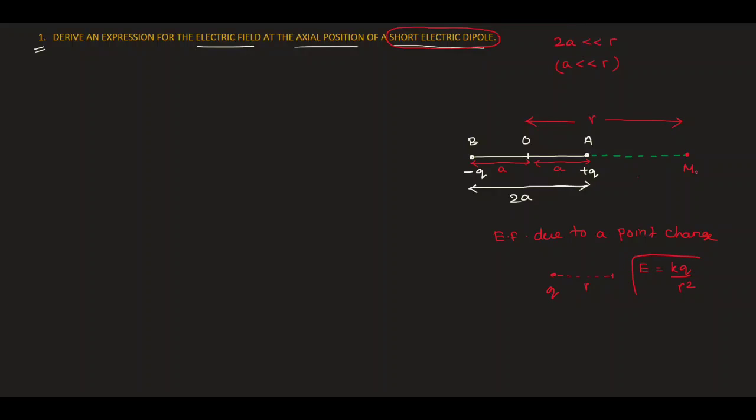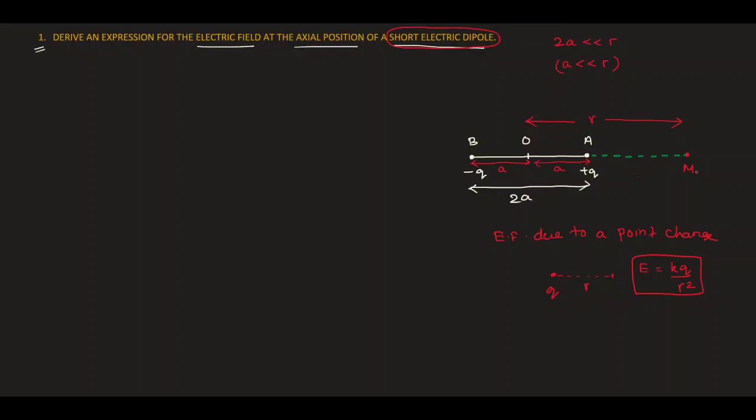This is the magnitude of the electric field. K means the Coulomb's constant, which is 1 by 4 pi epsilon naught. q is the magnitude of the charge and r is the distance of the point from the charge. So kq by distance square is the formula for electric field.